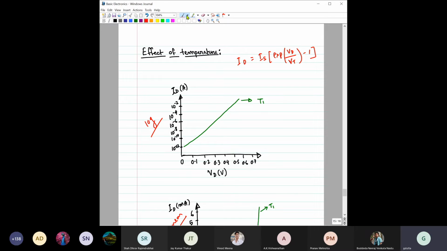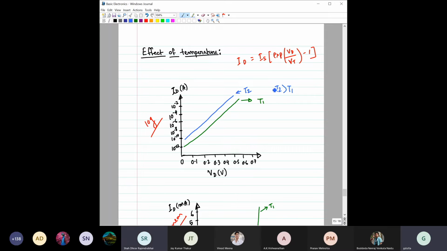So at T equal to T1, and at T equal to T2, where T2 is higher than T1, you will have an increase in this current. I have to try to plot it in a parallel line with this T2.